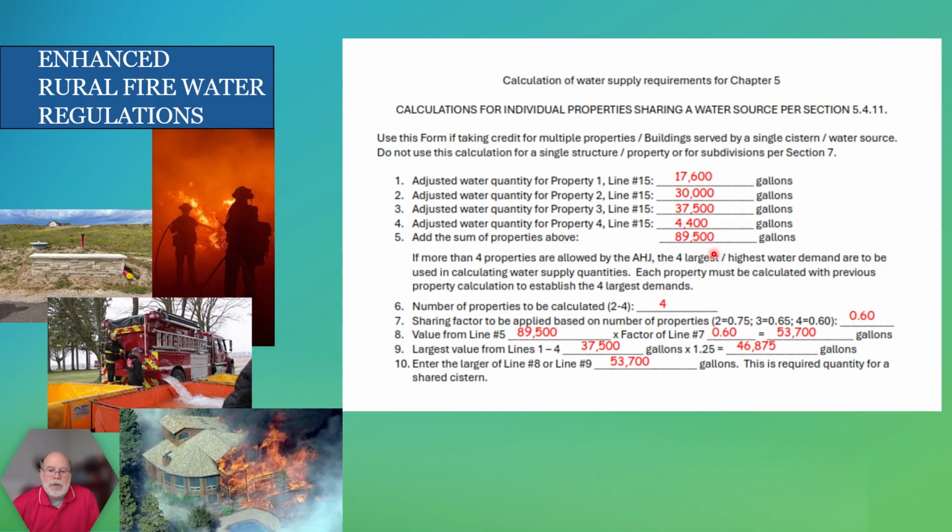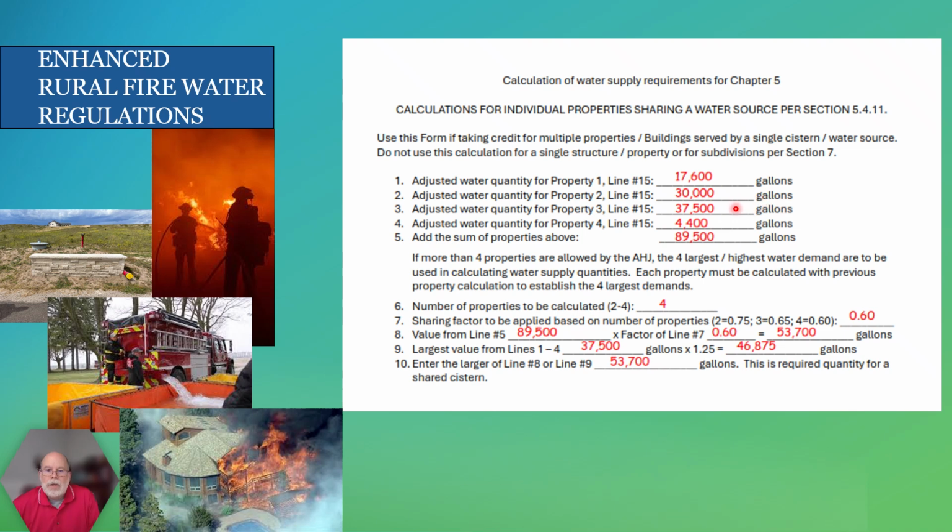So, and then there's another equation that we talked about earlier where you evaluate in case this number is low, you have to do a cross check and make sure that this final number is at least 125% of the worst case individual property, which in this case would be 37,500 gallons.